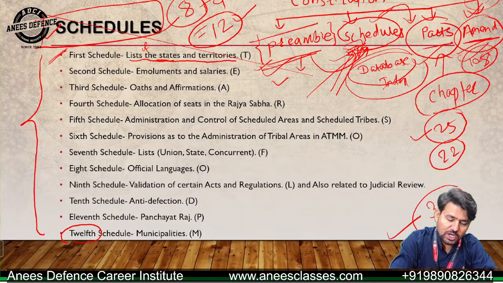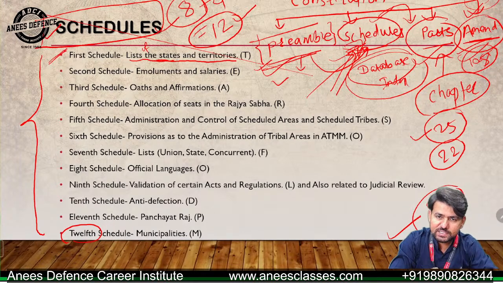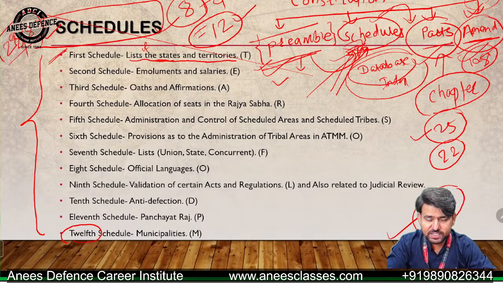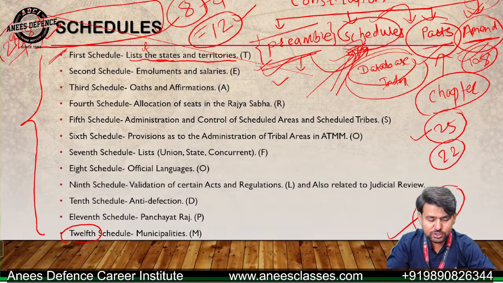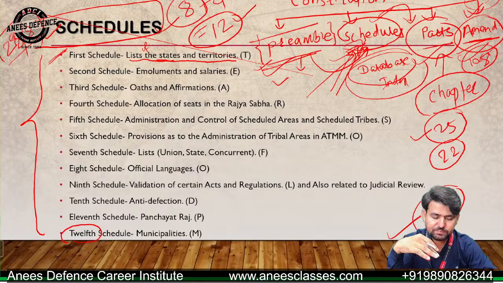For example, how many states and union territories are there in India? There are 28 states and 8 union territories. This is very important. Earlier there used to be 29 states, but in 2019, after the bifurcation of Jammu and Kashmir and the change in its status, the number of states dropped to 28 from 29.